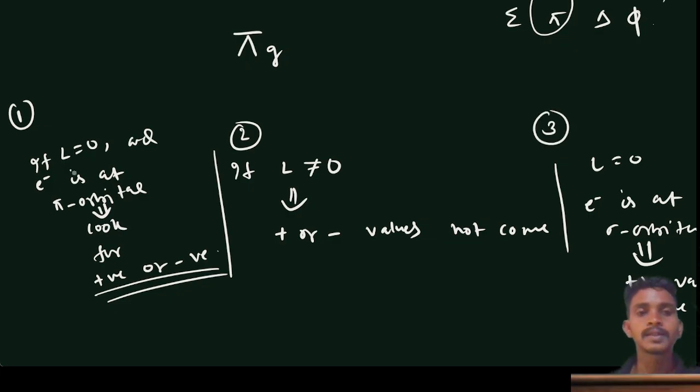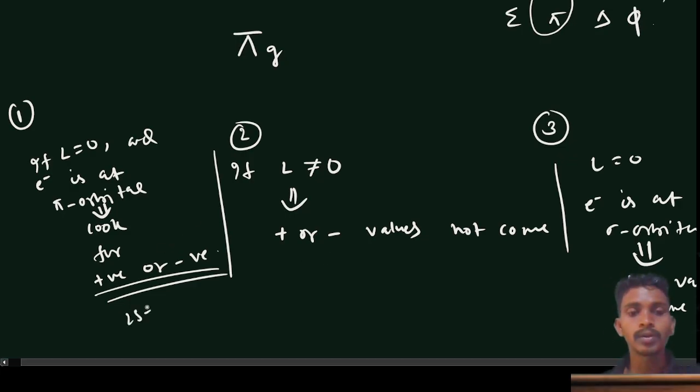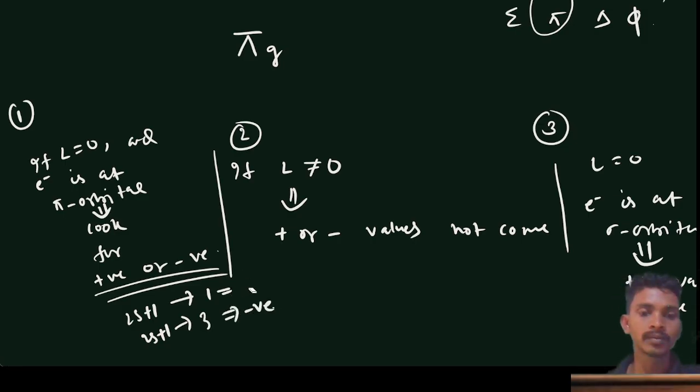So these are the things. If L equal to 0 and electron at pi orbitals, then look for positive or negative. How we look, I already discussed that. It is 2s plus 1. If it is 1, then this is positive. If 2s plus 1 is 3, then that will be negative.